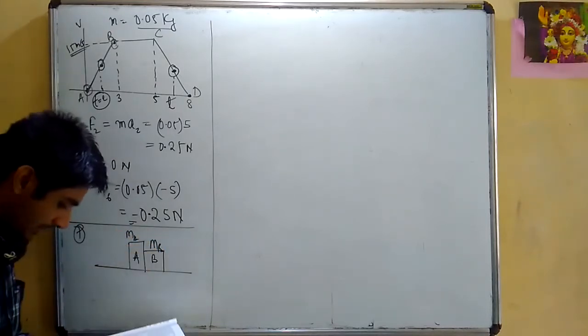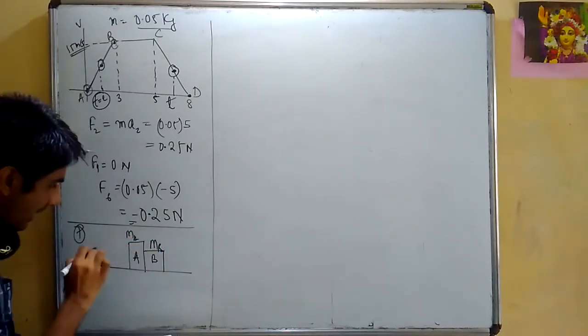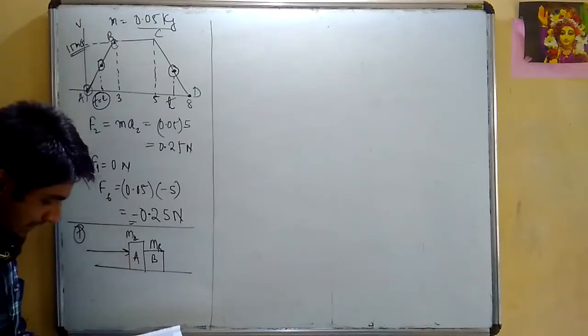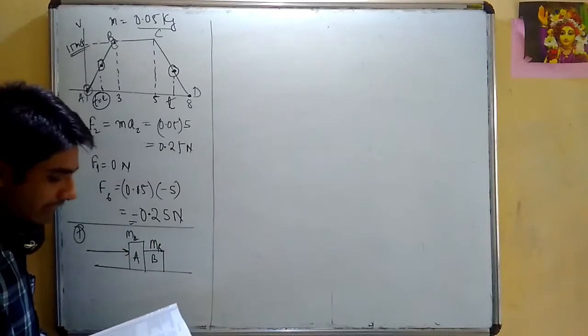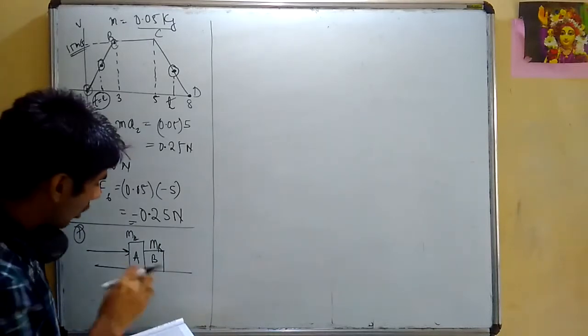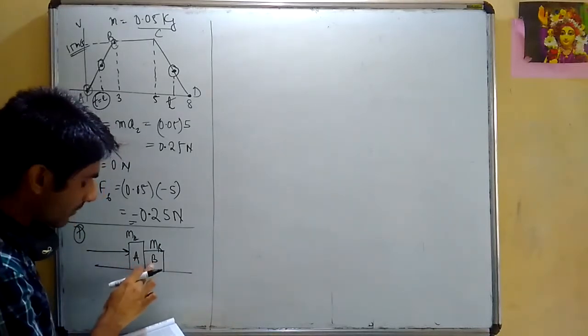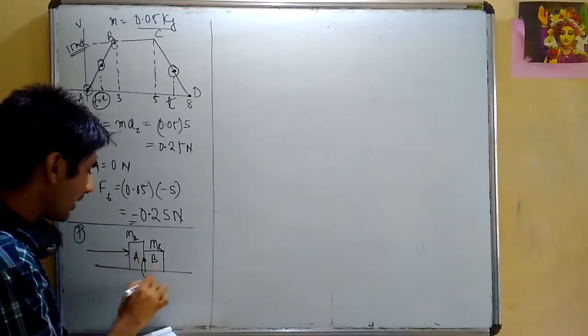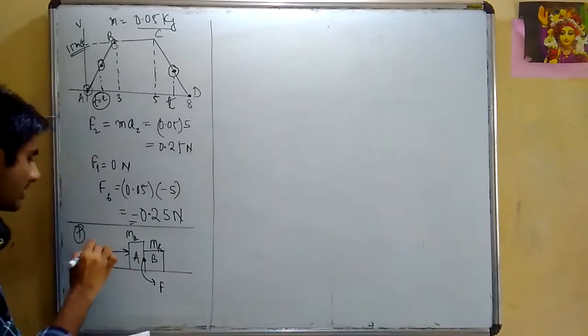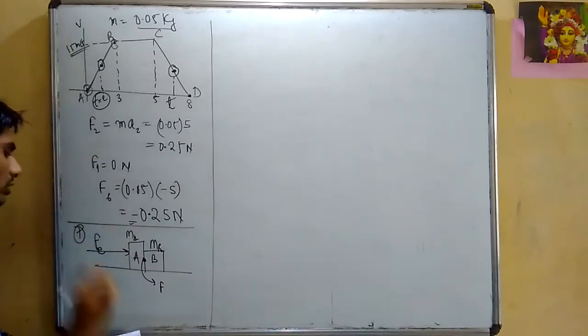It is said that the experimenter pushes the block A from behind so that the blocks accelerate together. If the block A exerts a force F on block B, what is the force exerted by the experimenter on A? Let this force be F, it is given in the question, and let the experimenter apply a force of Fe. I have to find Fe.